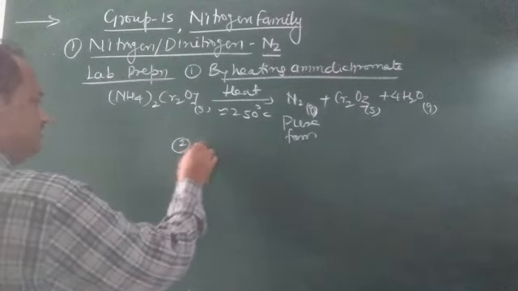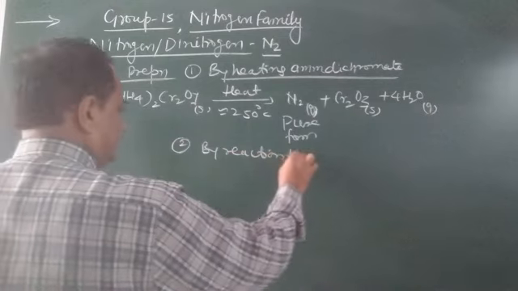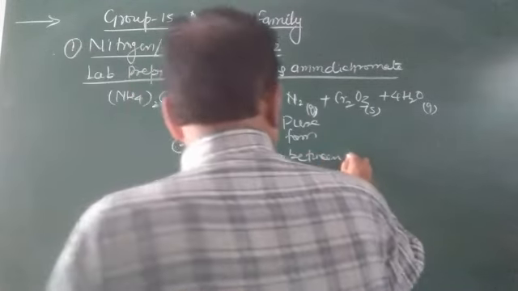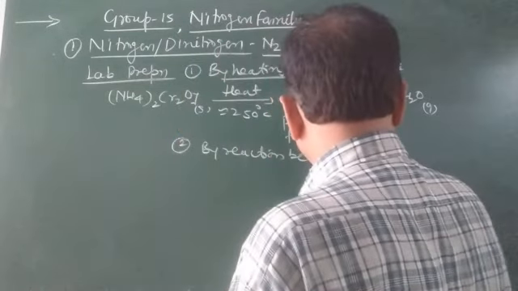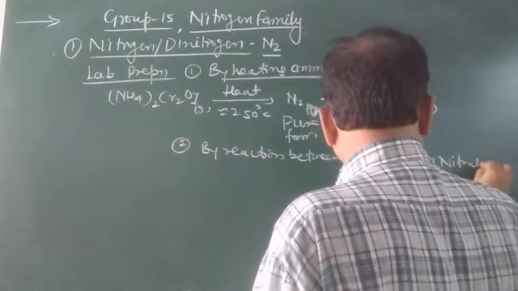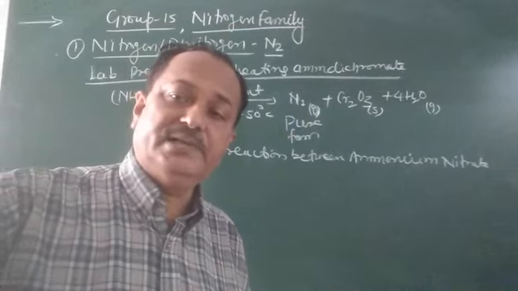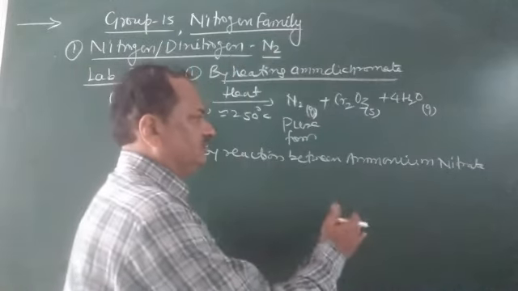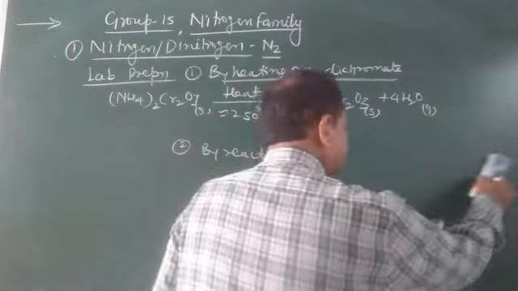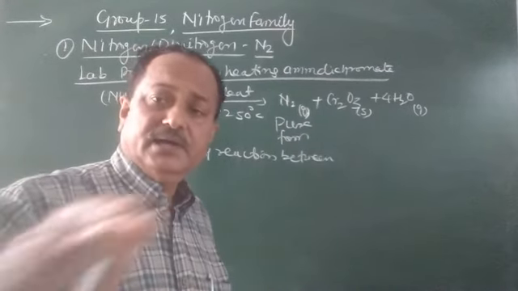Now the second method is by reaction between ammonium nitrate solution. In this method, in place of ammonium nitrate, ammonium chloride or any such compounds that can be easily decomposed by heating can be taken.